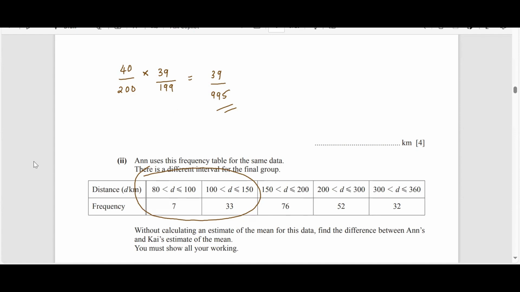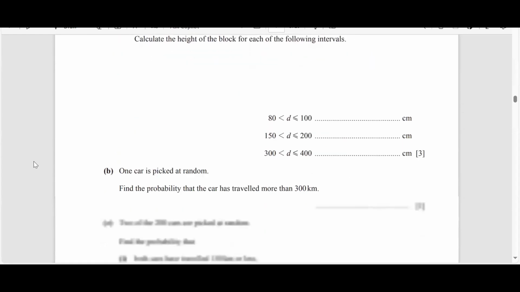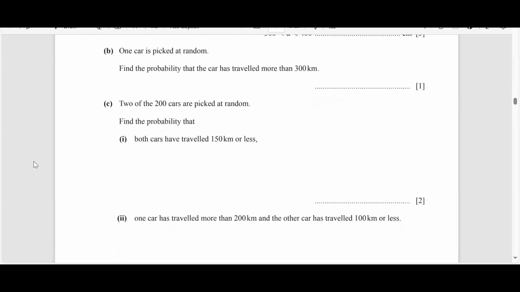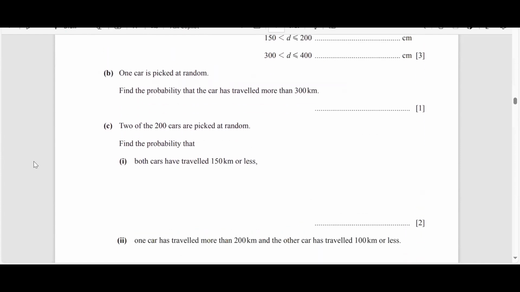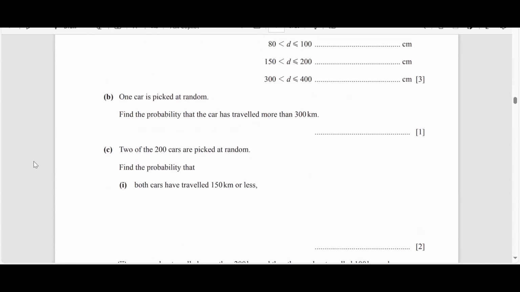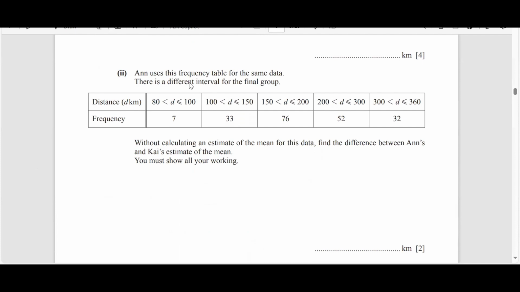And the last one: one car has traveled more than 200 kilometer and the other car has traveled 100 kilometer or less. So one of them is more than 200 and the other one is 100 or less. Here, more than 200 means 52 plus 32, that is 84. 84 out of 200 will be the probability of getting a car which has traveled more than 200 kilometer, and then the next car should have traveled below 100 kilometer.